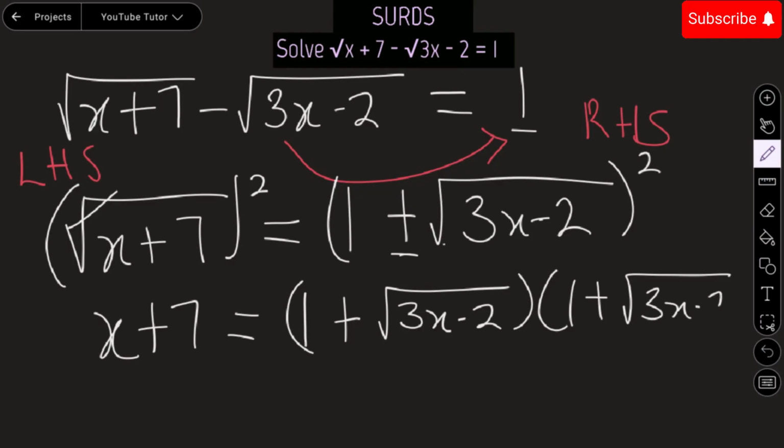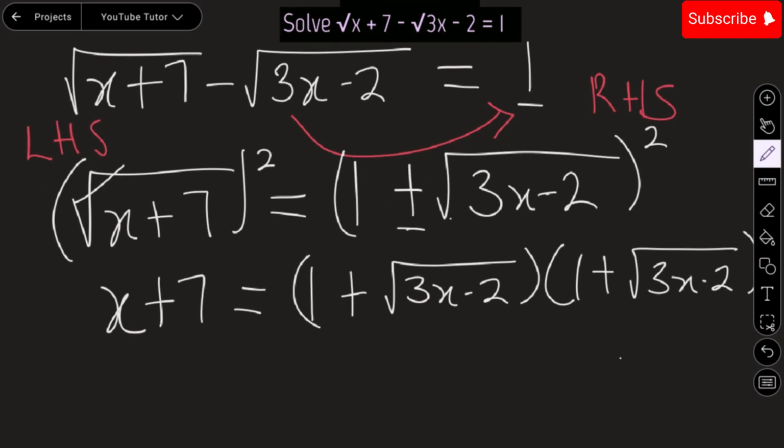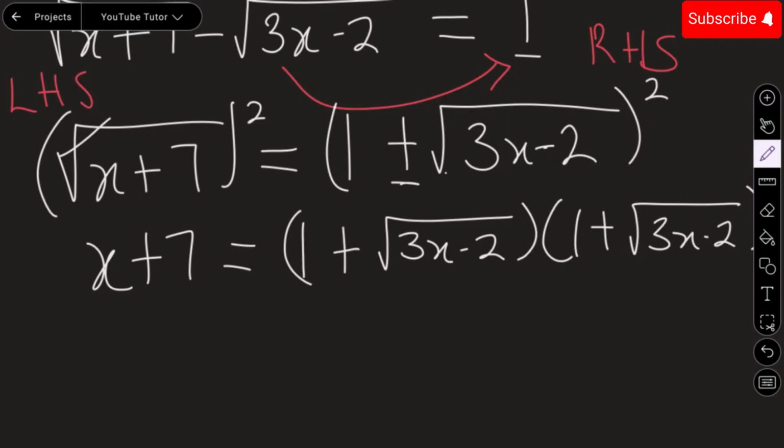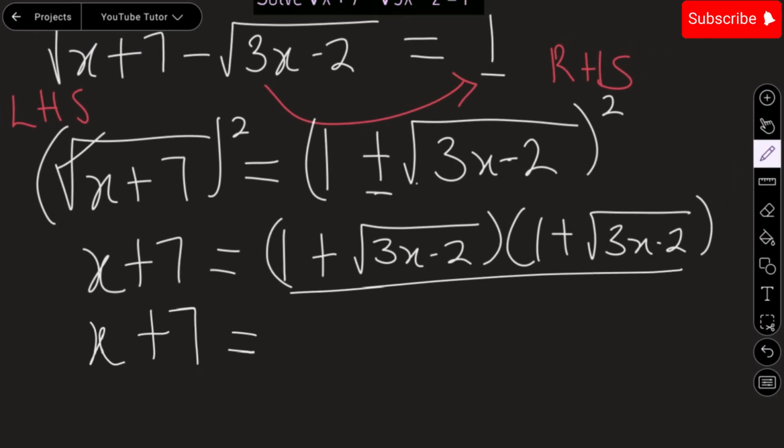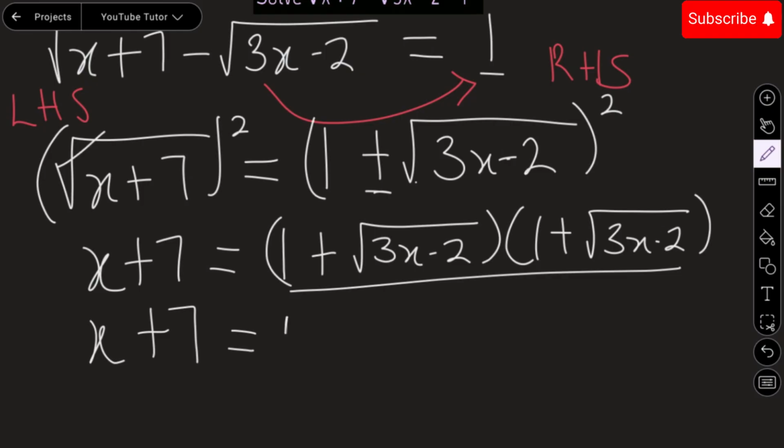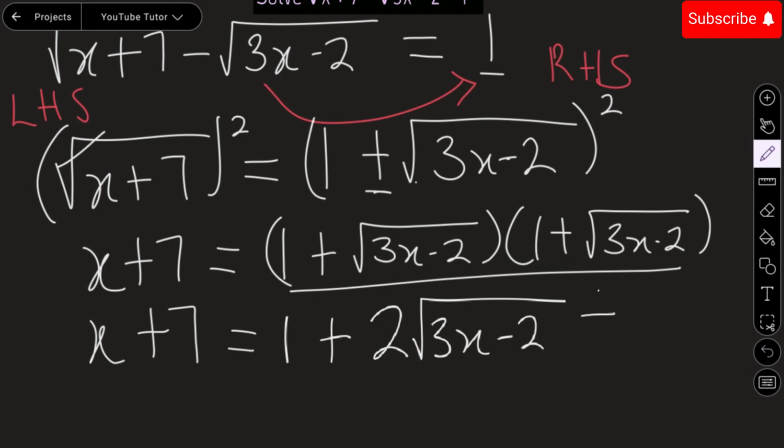By virtue of that, we get x plus 7 maintained, and with this expression, the answer will be 1 plus 2 root 3x minus 2 plus 3x minus 2.